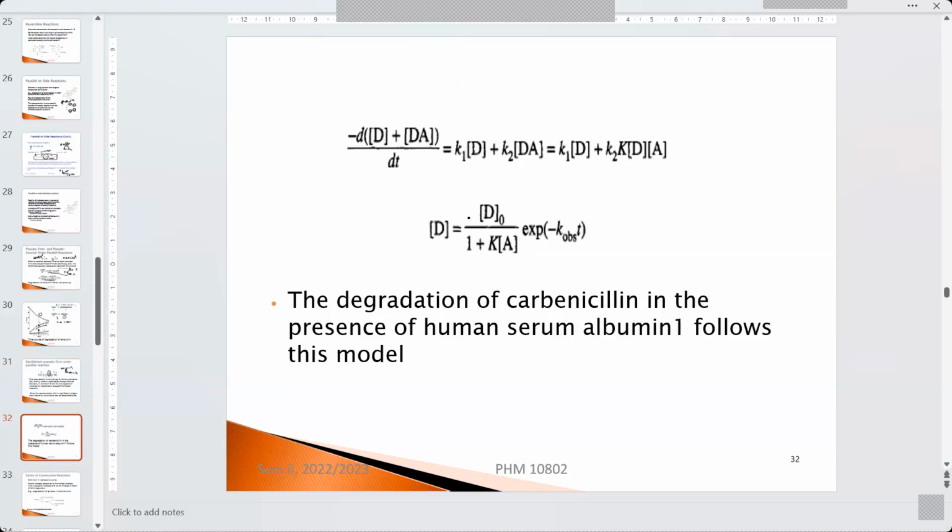Okay. This one, the change in the amount of D and the amount of the complex is equal to the constants of the first and second reaction. Okay.